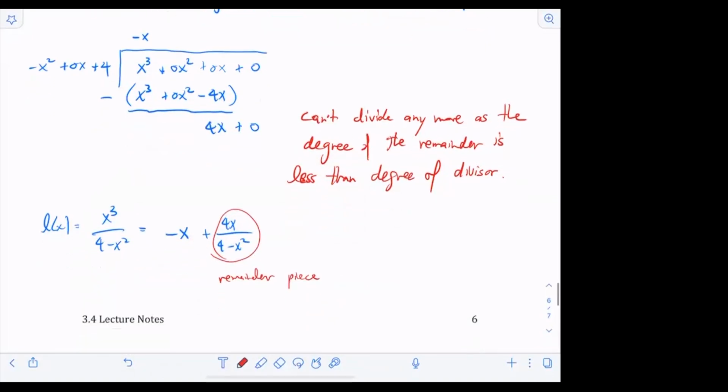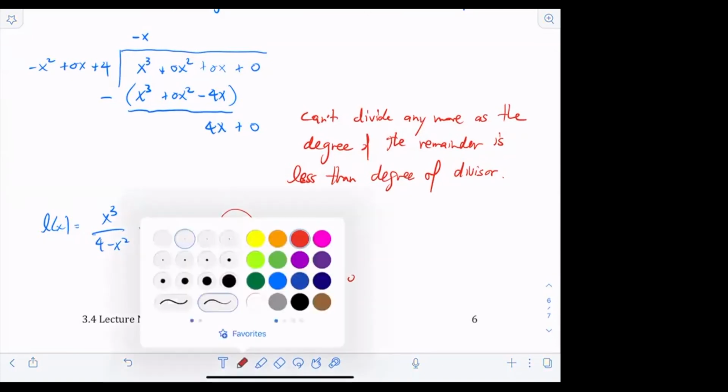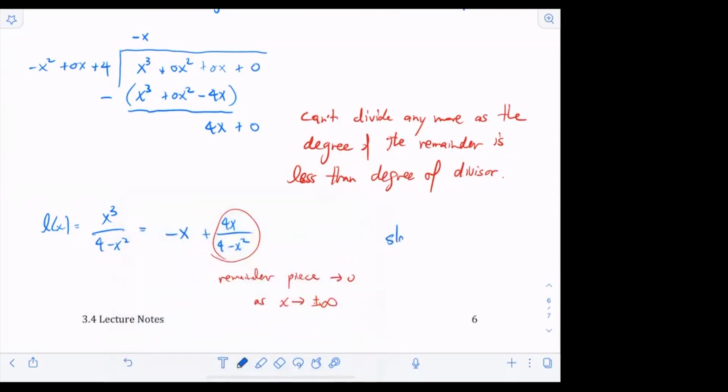And as I've been saying before, this goes to 0 as x goes to positive or negative infinity. So the equation of our slant asymptote is, you don't write the remainder down, it's just going to be y is equal to negative x, and that's our answer.